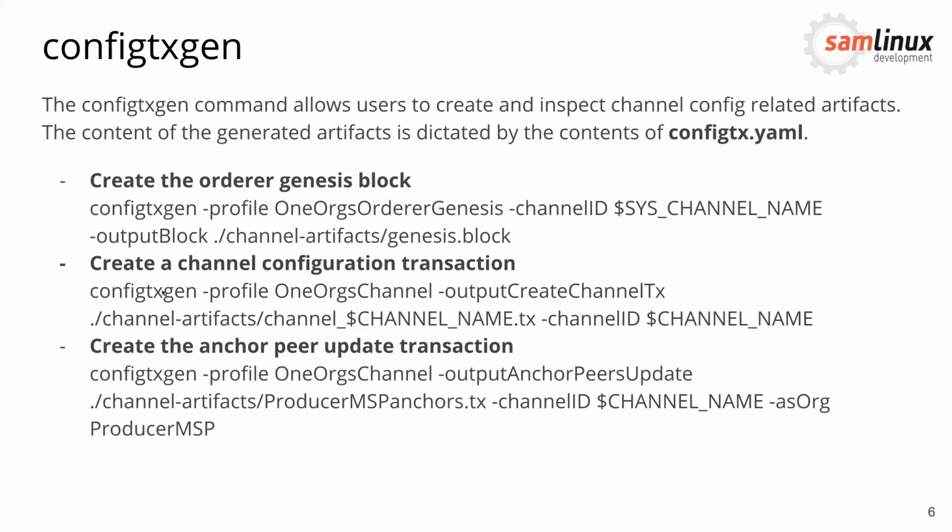And we can also create the channel configuration transaction and the anchor peer update transactions. So these are the commands here, but all information for this command comes from the Configtx YAML file. That's important. These both elements belong together.